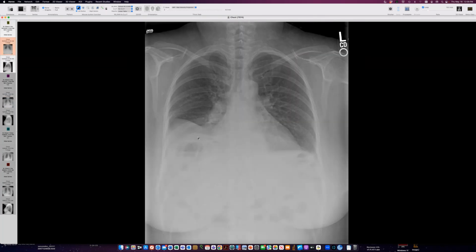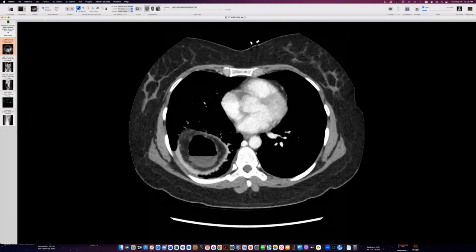A radiograph a few weeks later, as she's recovering from this partial hepatectomy, shows these sort of new convexities here crowding her lung on the right. Let me show you what this looks like then on CT. So we'll do the coronal CT.